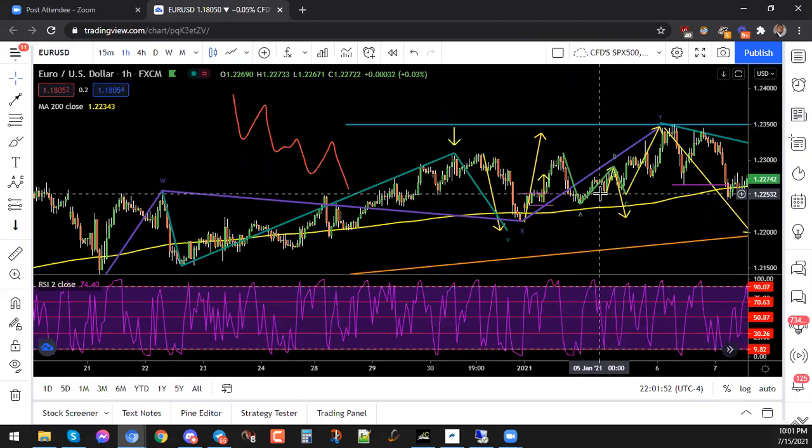So I only go for the big ones. And when I say big, I'm talking about around maybe 50 pips or so, 45 pips to 50 pips, right? So try to stay with the bigger impulsive side of the wave and stay out of the smaller corrective side of the wave.